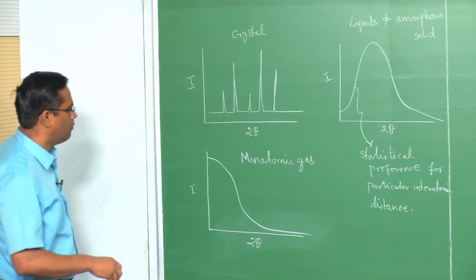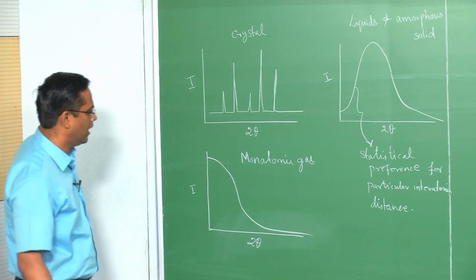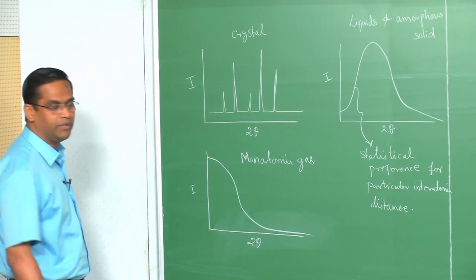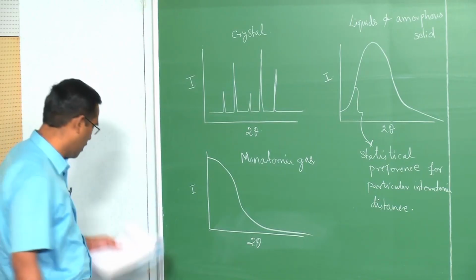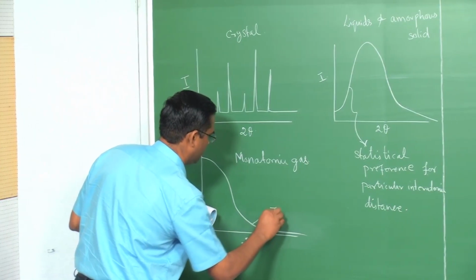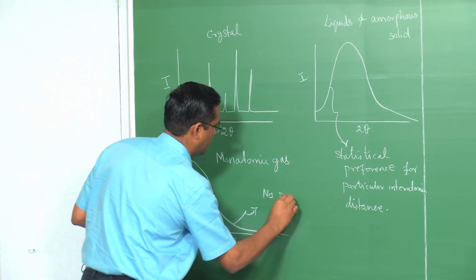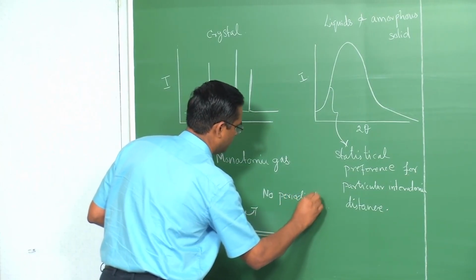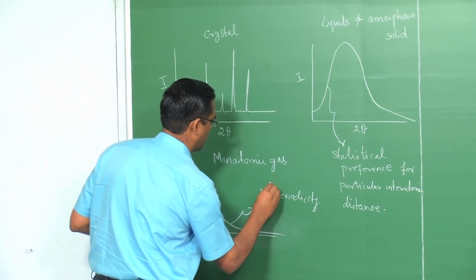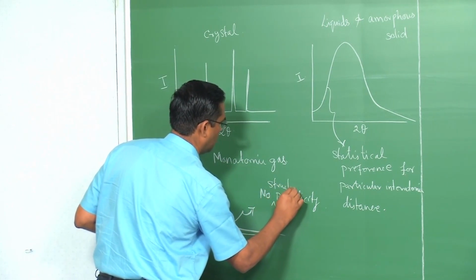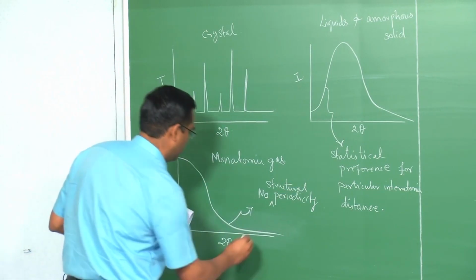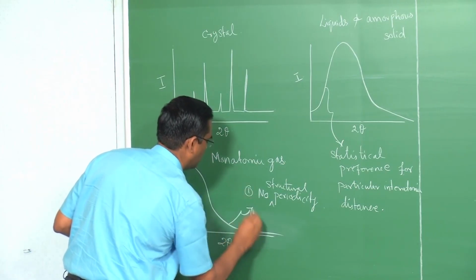And if you look at the monatomic gas, it is much more interesting. You do not even see any kind of peak broadening because of the complete randomness. So, you can write that it features no structural periodicity at all. That is point number 1.